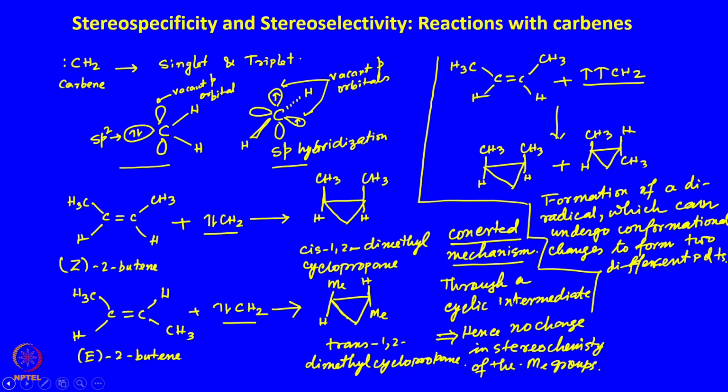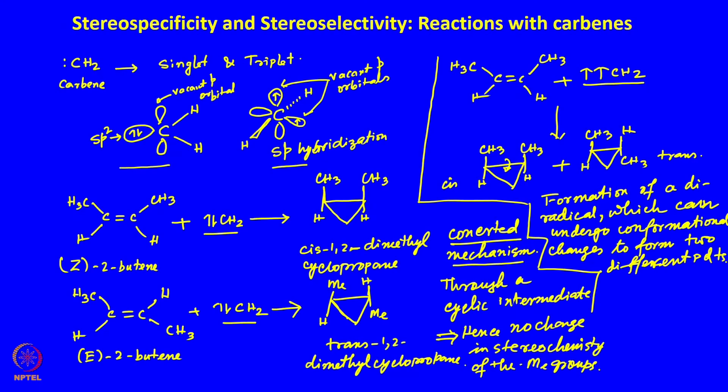When the diradical forms, it is possible to have a rotation about the single CC bond, and the cis isomer also gets twisted through that CC single bond, and the ring closure happens. As a result, we get to see two different products, the cis and the trans isomer.